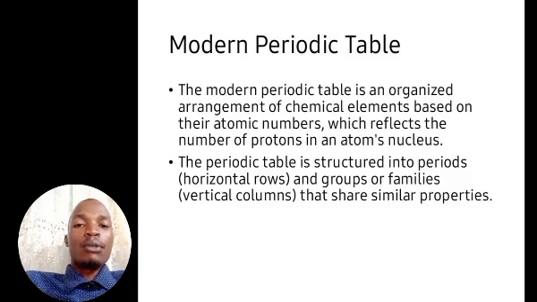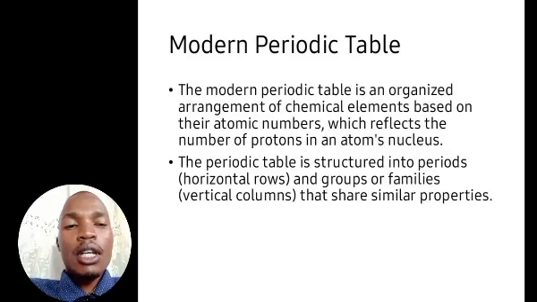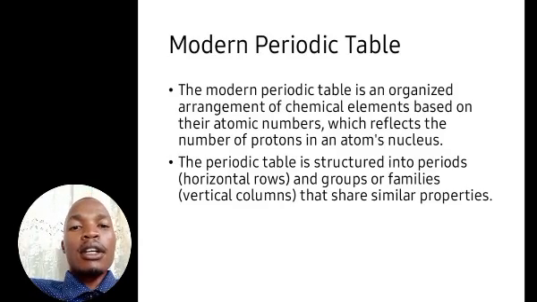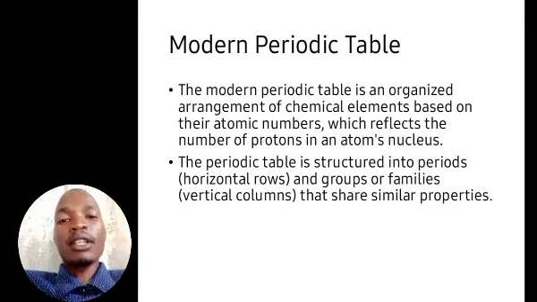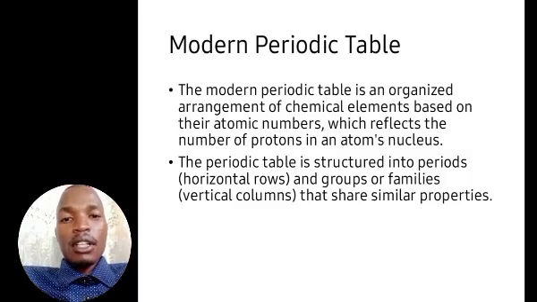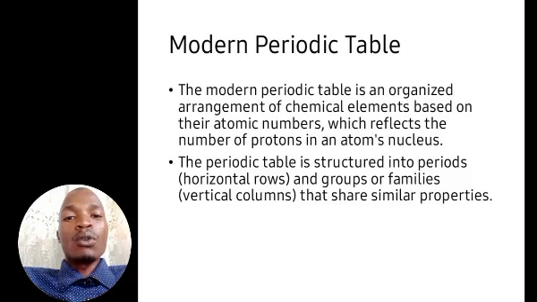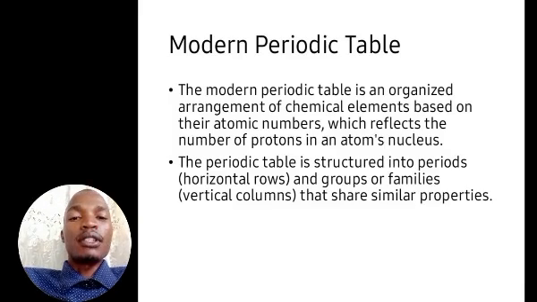So the columns in the periodic table represent groups, or what we call the families, and these families possess similar properties. When you compare the physical and chemical properties, you realize that the elements that are in a particular group, like group 1 elements, will possess similar physical and chemical properties.